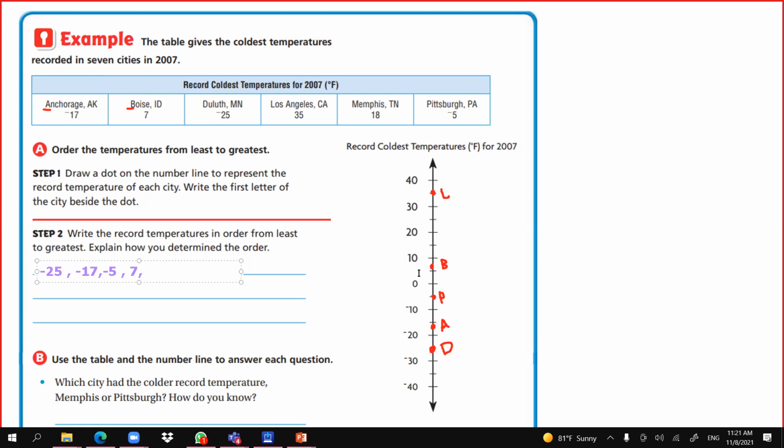Girls, after that, here, wait. Then we have 35. Yes, letter M. Here we have 18.